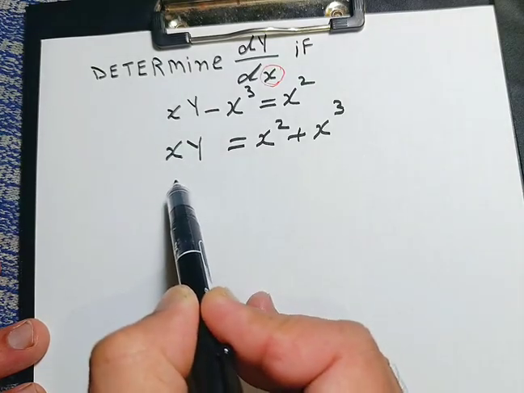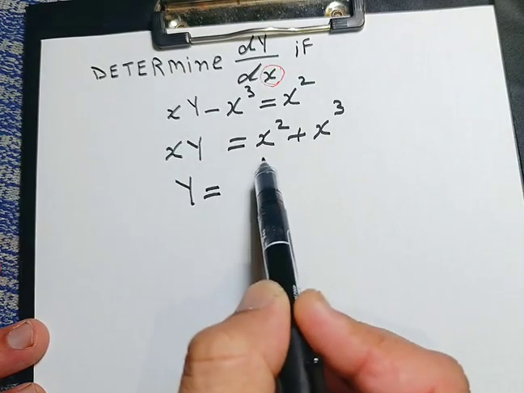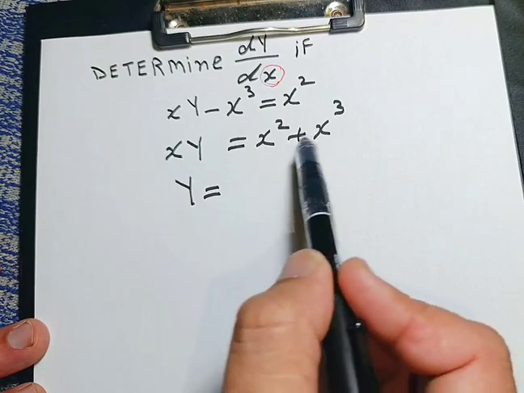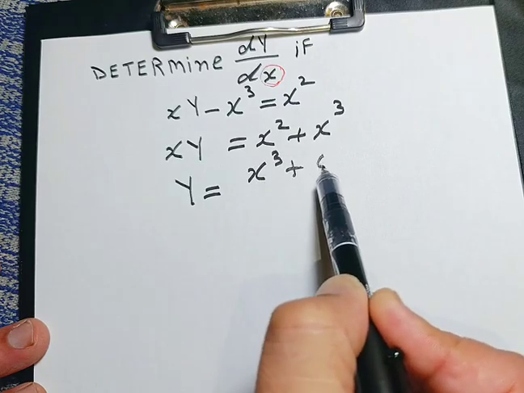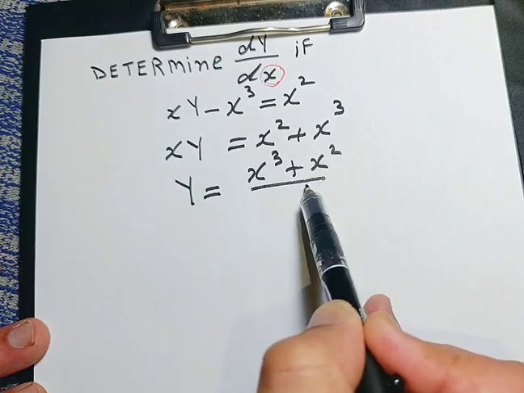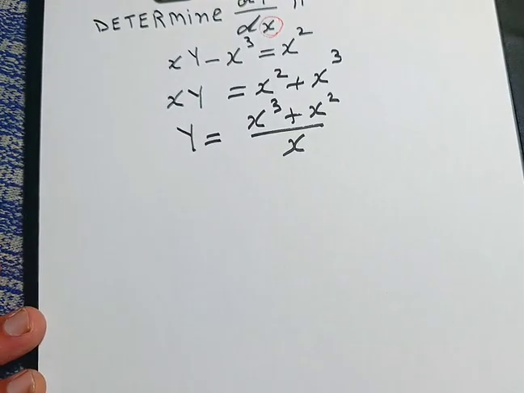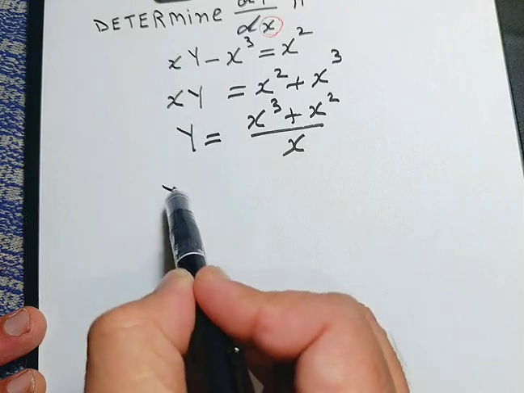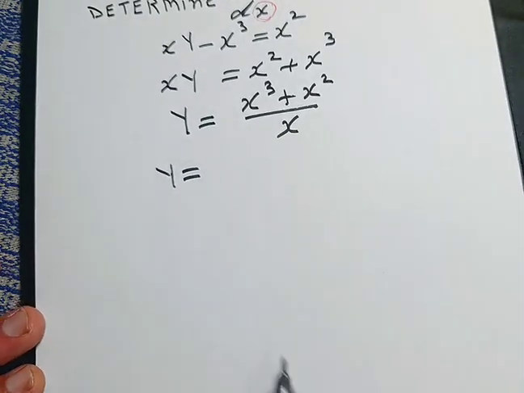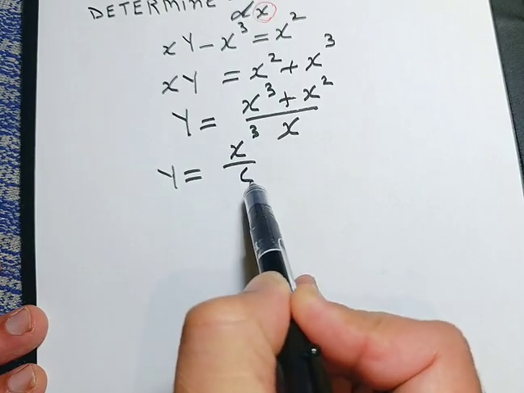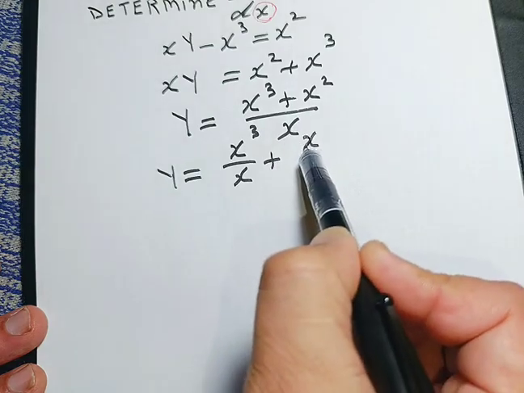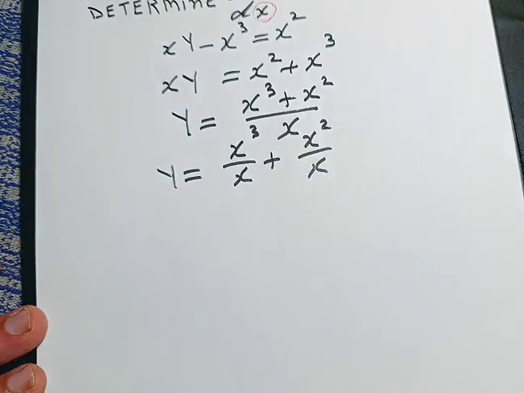Both sides you divide by x, so only y is left, and this you can rearrange as well, x power 3 plus x power 2, and obviously divide by x. Now y is equal to, I had to get rid of the fraction, so x power 3 divided by x plus that one x power 2 divided by x.